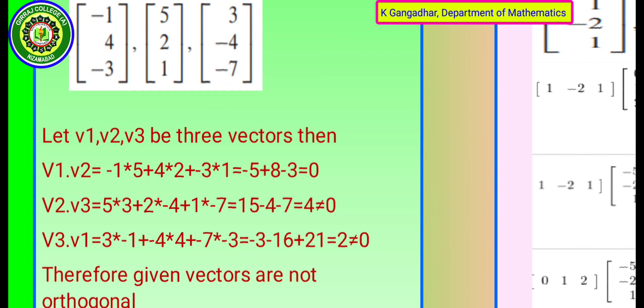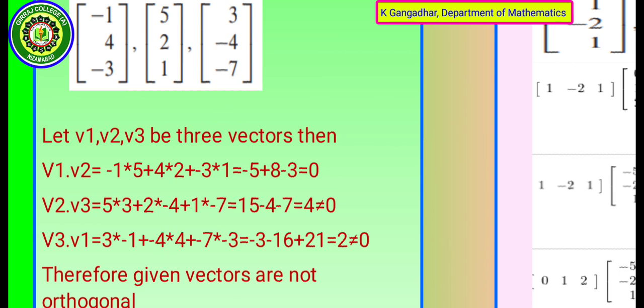We find v1 dot v2, v2 dot v3, and v3 dot v1. If these three inner products are 0, then the given vectors are orthogonal vectors.